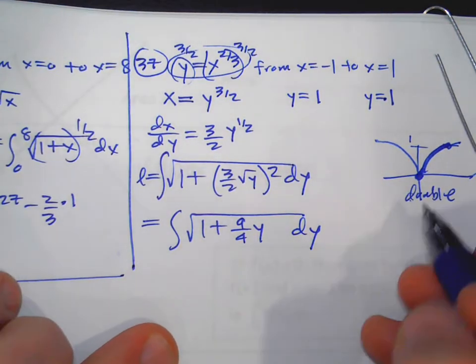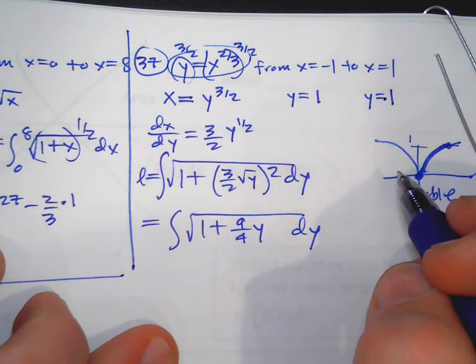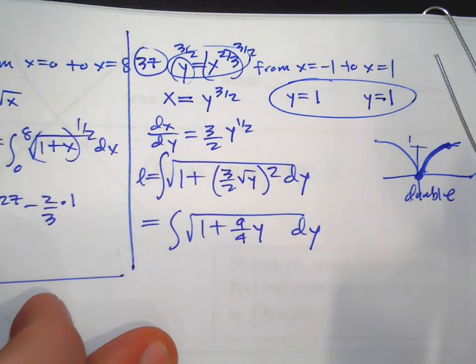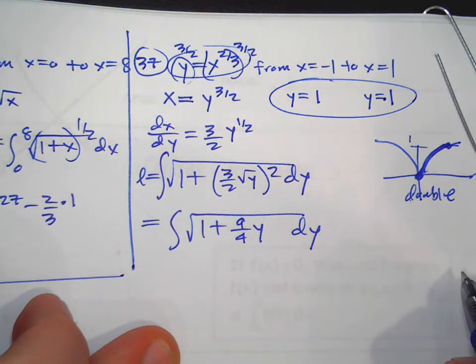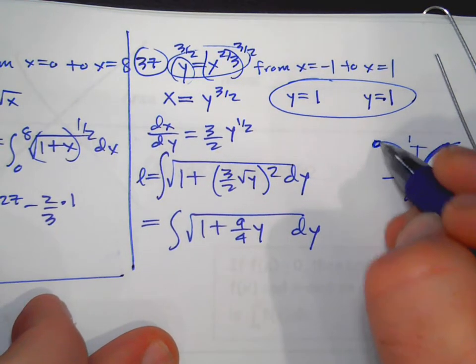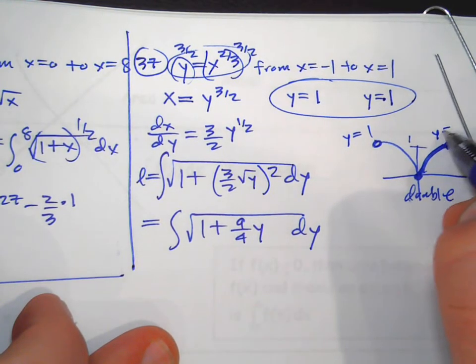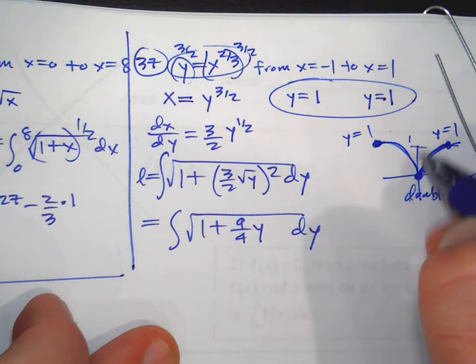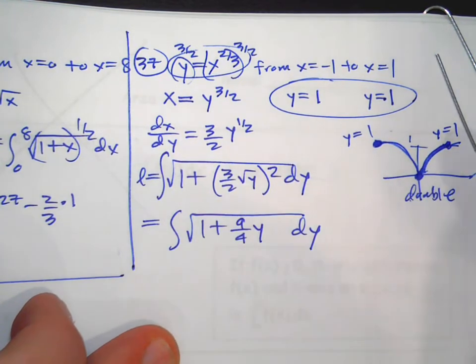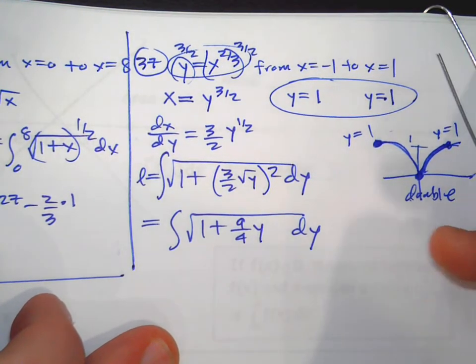The issue is that one of them has -1 to 1, which doesn't even make sense because the y values end up both being 1 from one end to the other. So if you did 1 to 1, that would just give you 0, which isn't true.